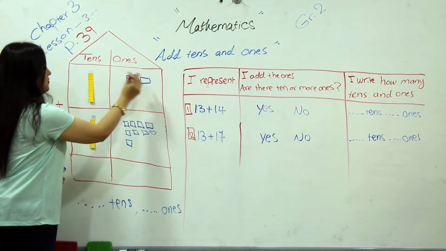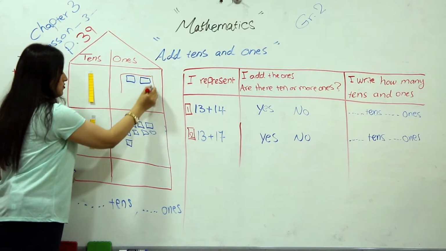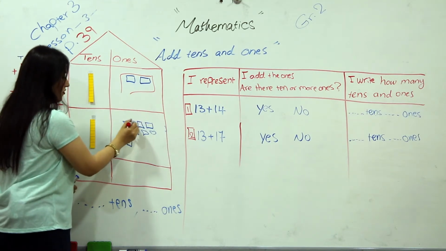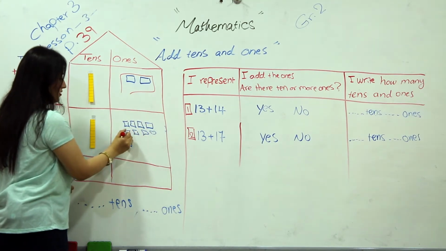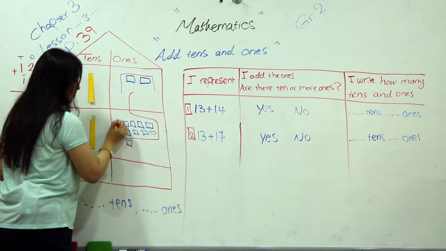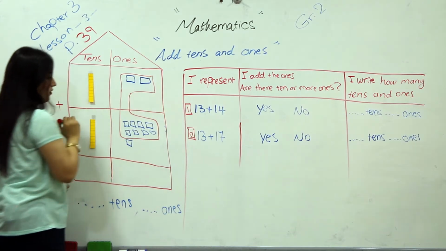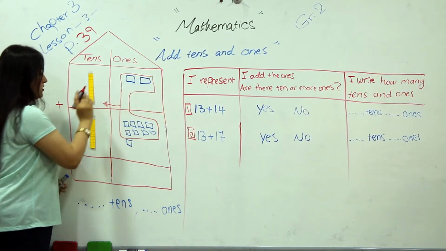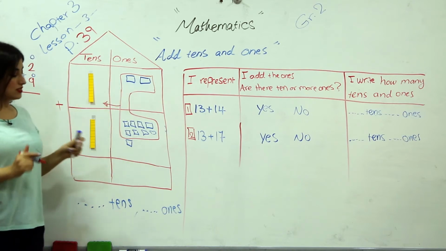We regroup. 2 here, and we take 2, 3, 4, 5, 6, 7, 8, 9, 10. We regroup them, okay? We move this 10 to the tens side, okay?